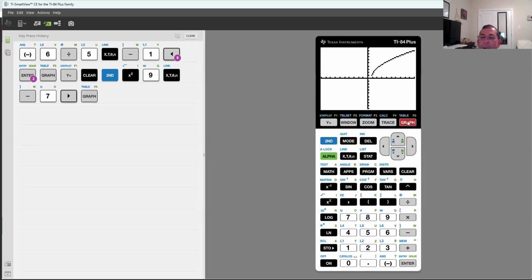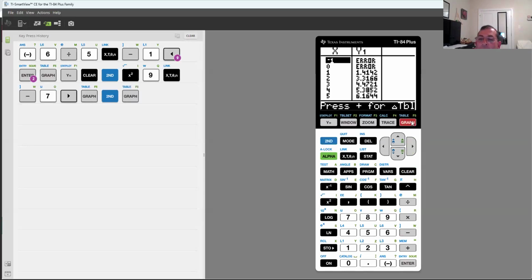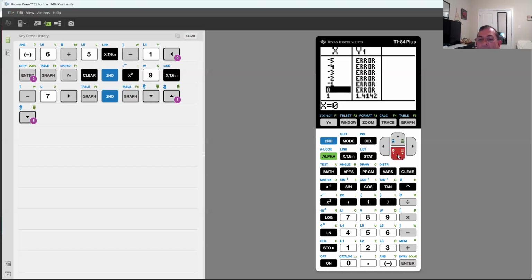I'm going to hit graph. All right, so look, it moved right a little bit. Okay. And if you want to look at the table, see what's happening? I'm getting error messages at -1 and 0 and all these negative numbers. Because remember, you can't take square roots of negative numbers, okay? So we got to pick the one that starts at 1 like this did.